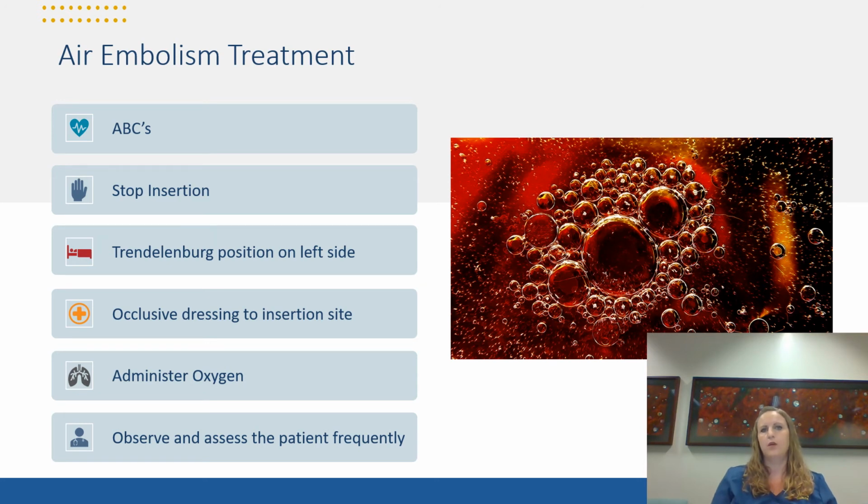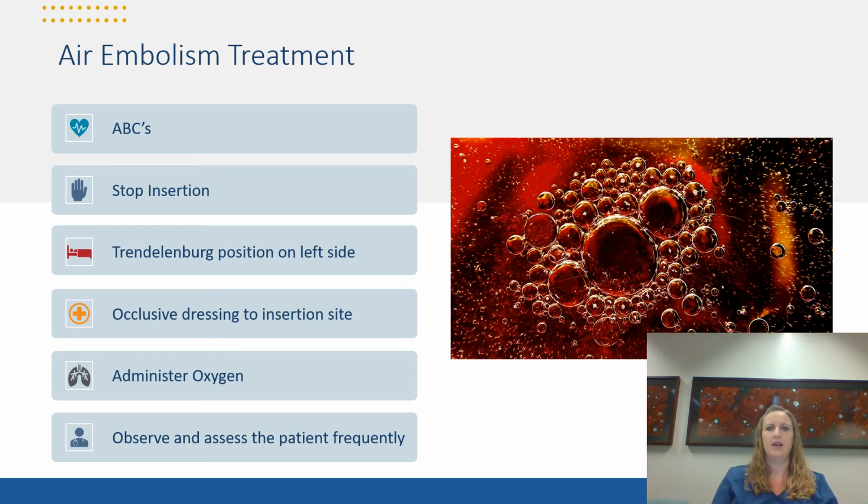This is actually going to minimize the migration of that emboli. You're going to again place that occlusive dressing to that attempted insertion site. You're going to administer oxygen, and you're going to observe and assess that patient frequently.